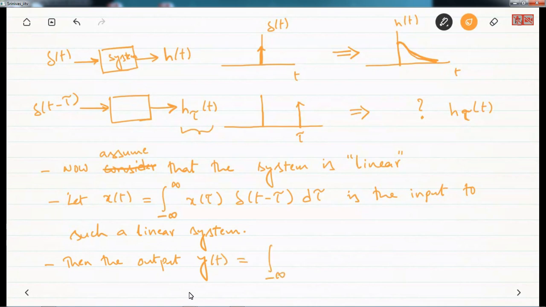Output y of t is, see, each delta of t minus tau produces h tau of t. So the response to this unit impulse is this.